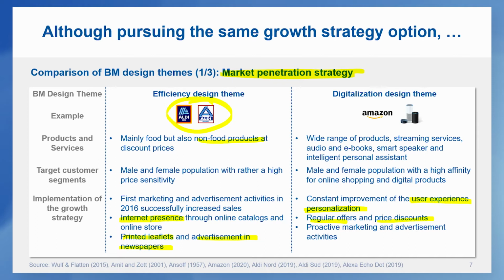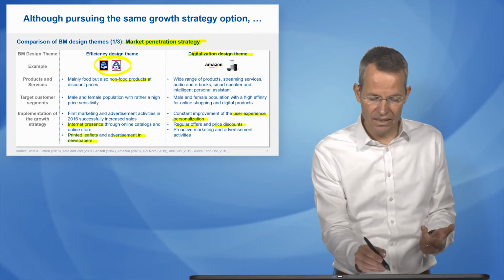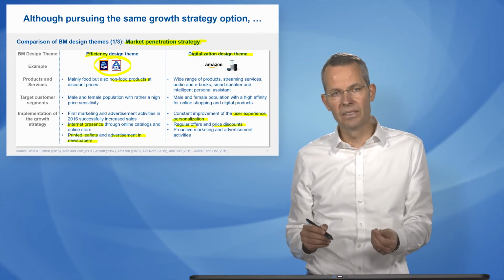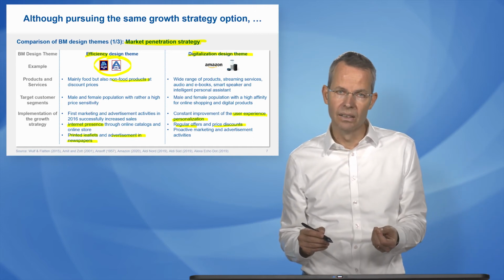So that's a different way of going to the existing customers than the one Aldi did. And this is the digitalization design theme. In comparison, Aldi tried to use their outlets in a more efficient way.